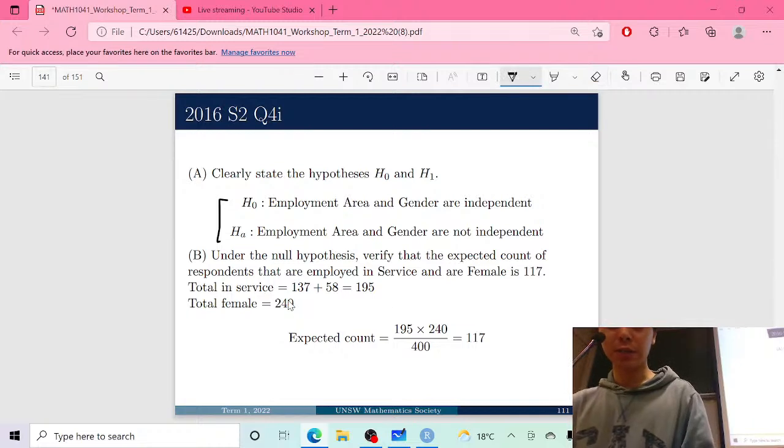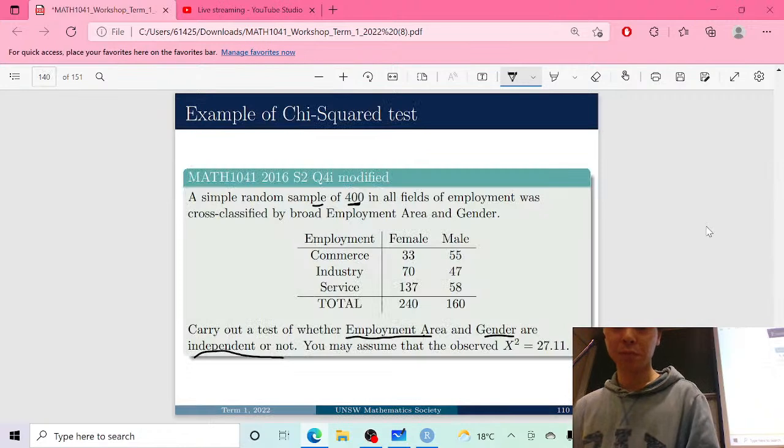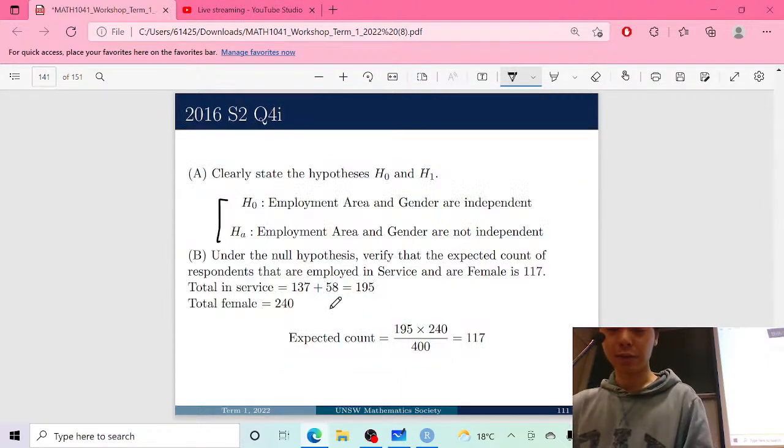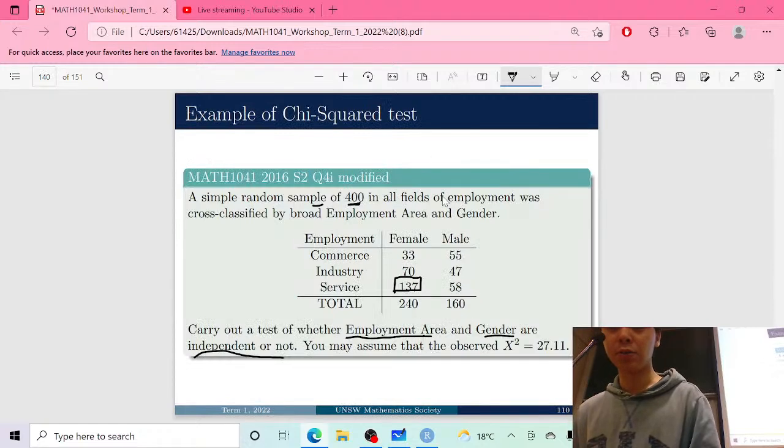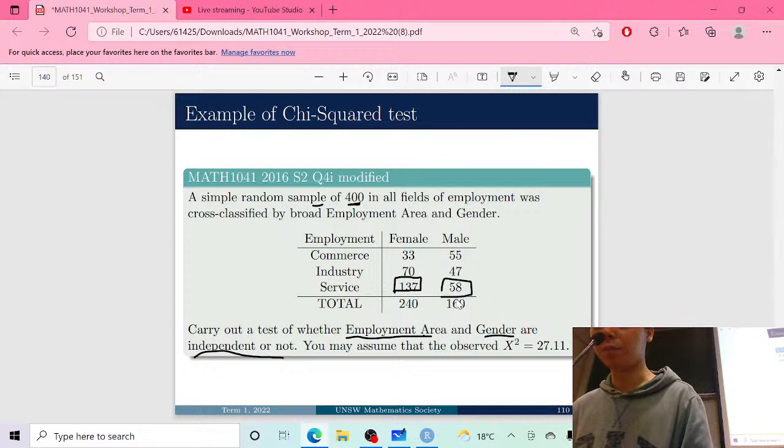So the total in service, if you go back to the table, is 137 and 58. So the total number of people that are in service is going to be 137 plus 58.